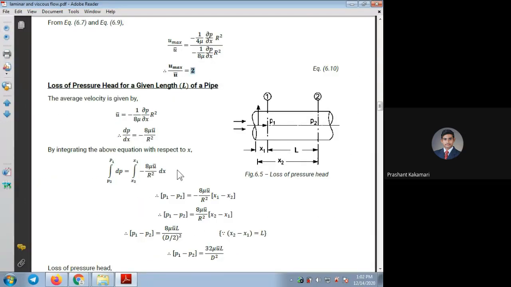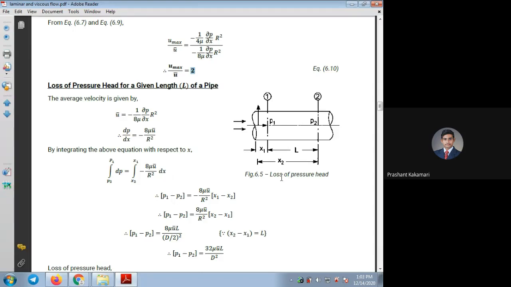Hagen Poiseuille used the laminar flow with all its viscous effects, and he considered a small element and integrated for a full flow to find different velocities: zero velocity, maximum velocity, average velocity. Then he also found out the discharge. Okay. So after finding all these terms, now we want to find the pressure difference or the loss of pressure head between the 2 points.